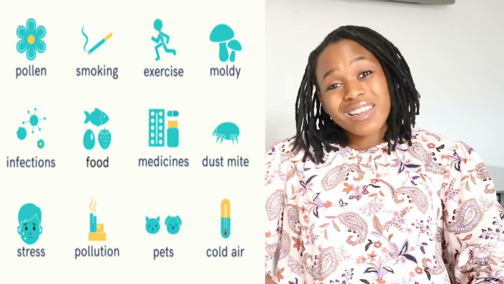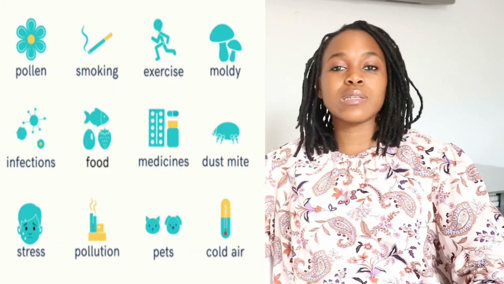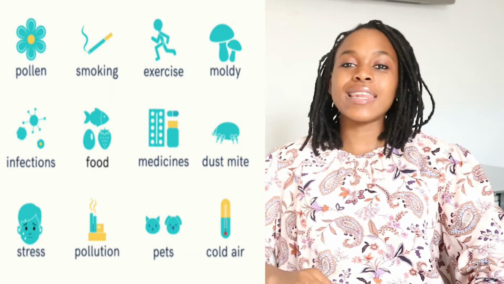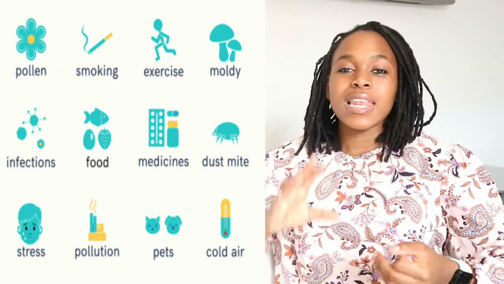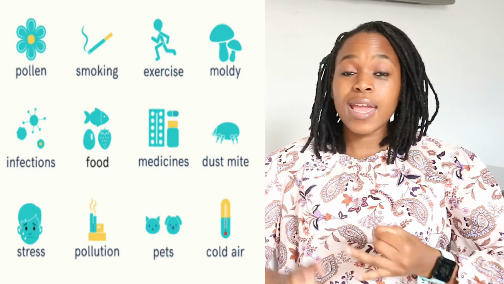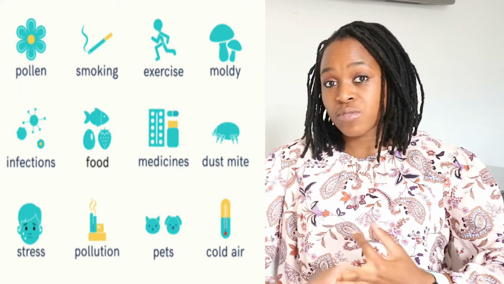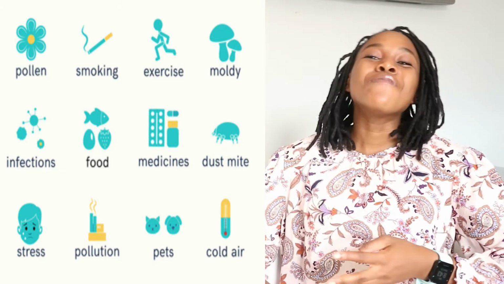So your general allergens as well as stressful situations can induce an asthma attack or set off the spiraling cascade that can lead to you developing asthma. And these are mainly like smoking or secondhand smoking, air pollution, some foods that you may be sensitive to or that you may not tolerate.